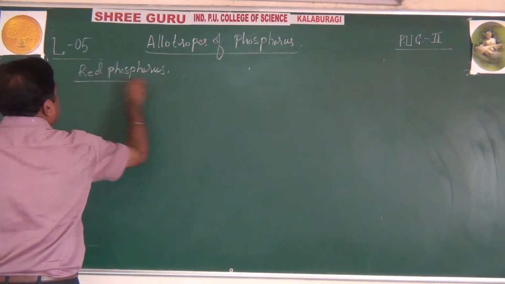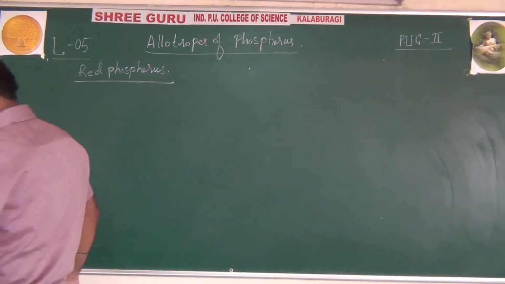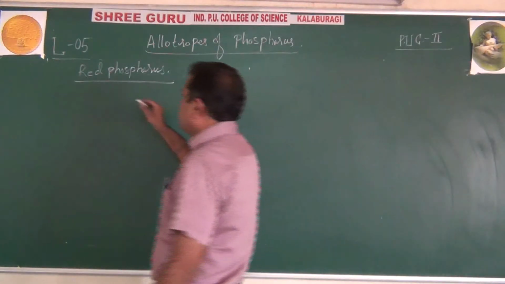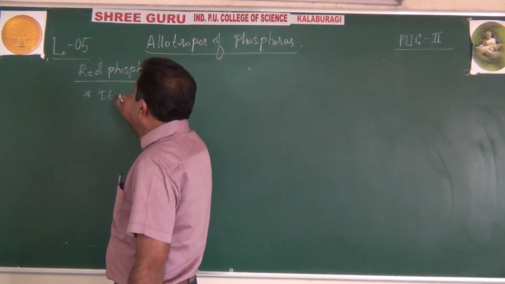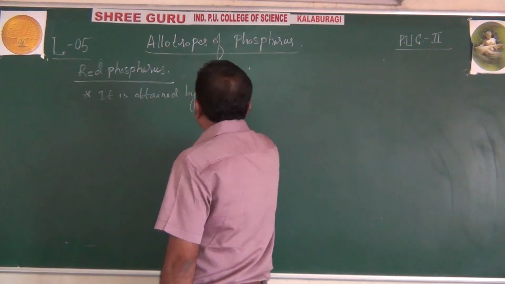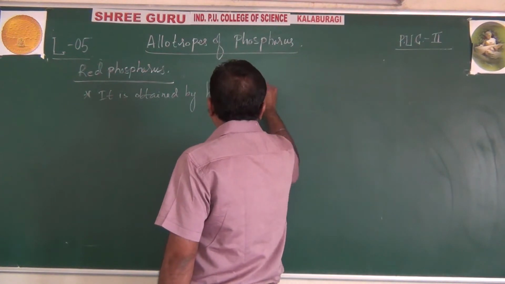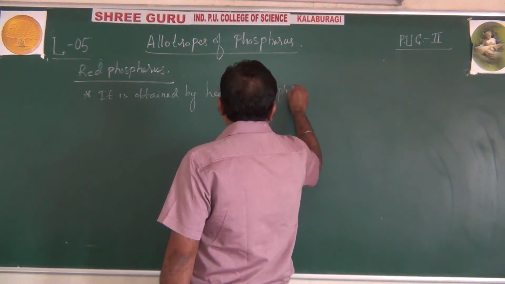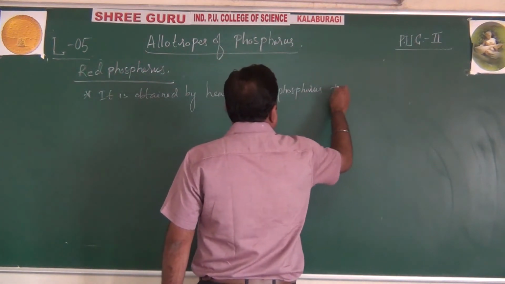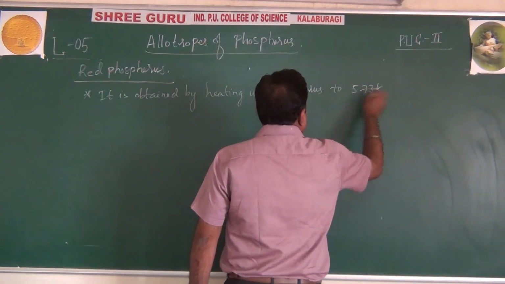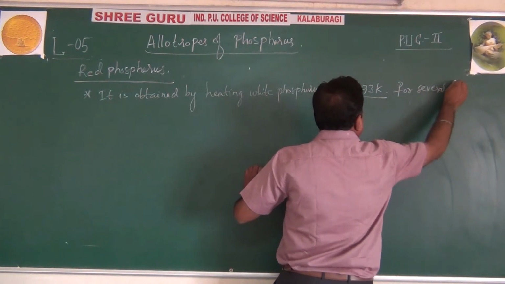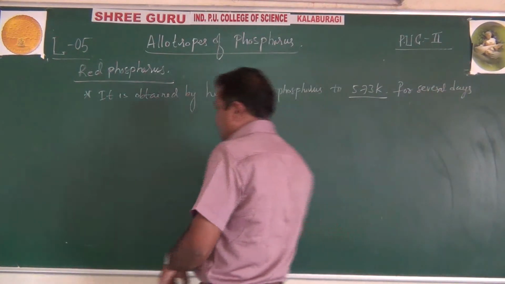Red phosphorus is another crystalline form of phosphorus. It is obtained by heating white phosphorus to 573 Kelvin, the transition temperature, for several days in an inert atmosphere.